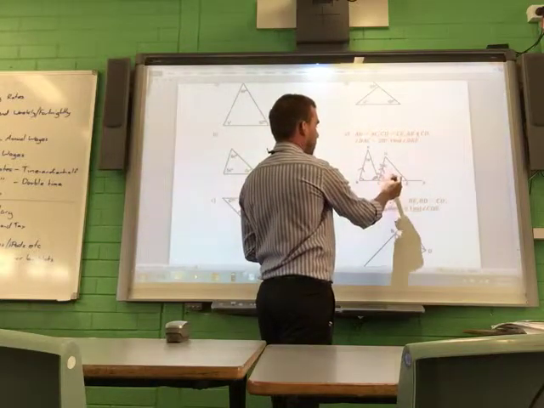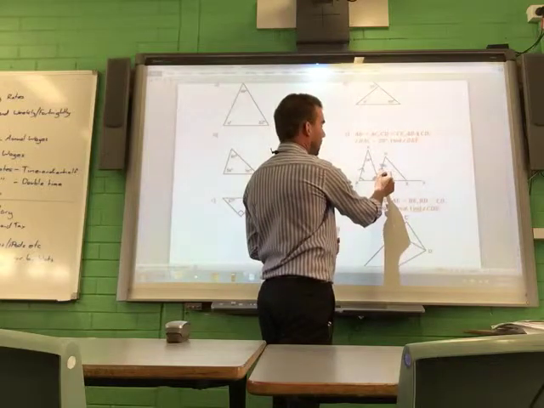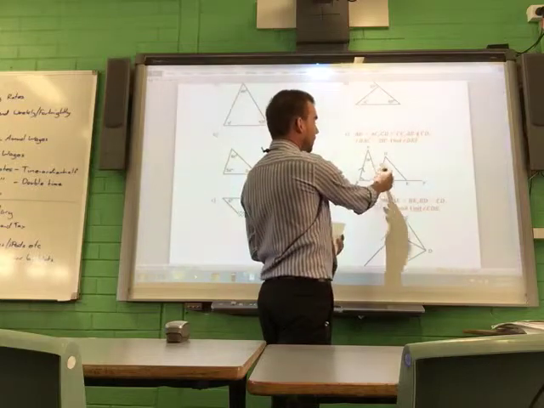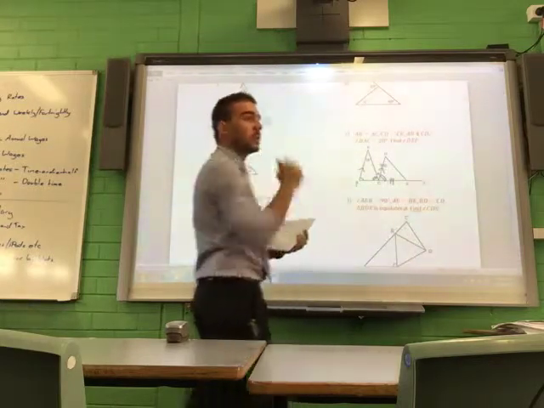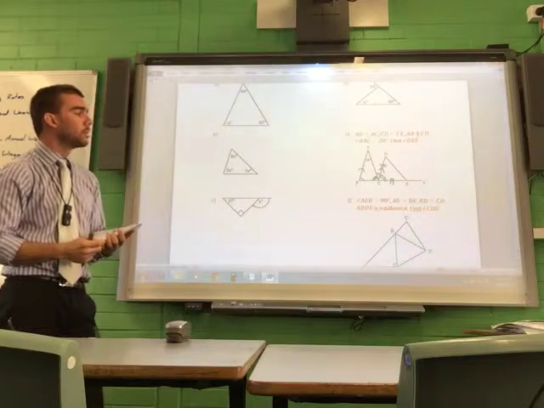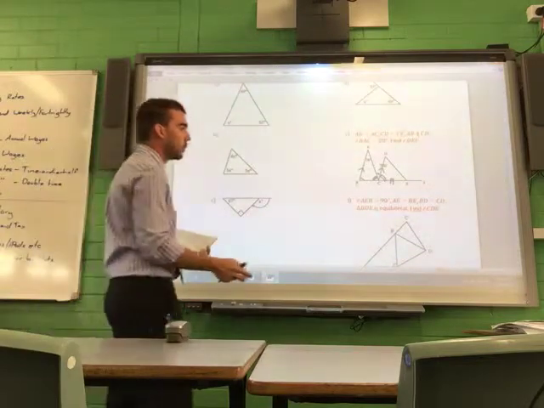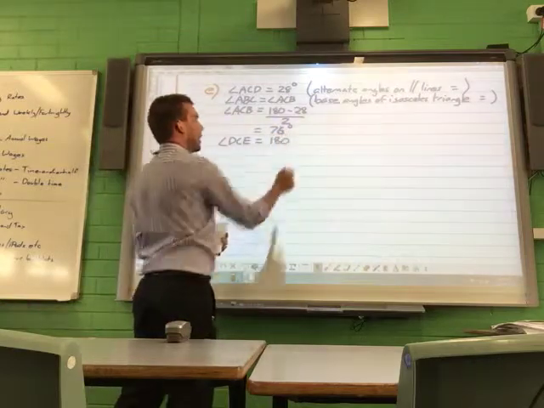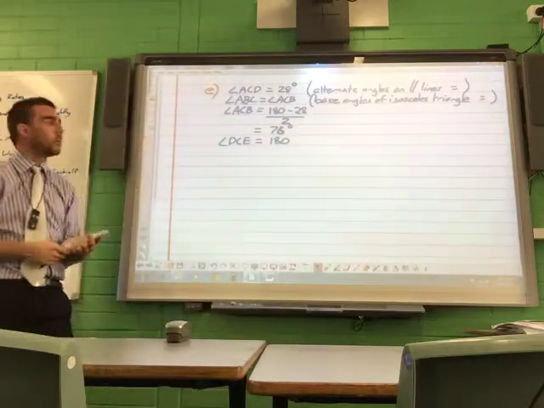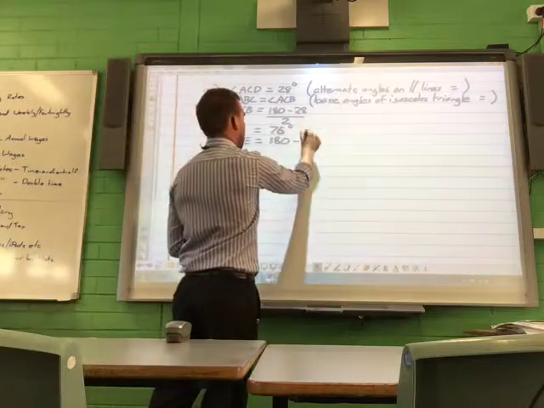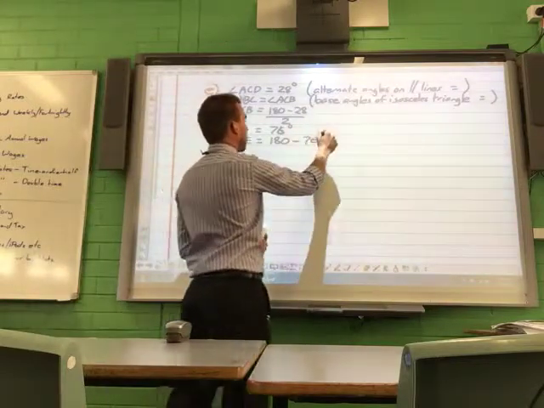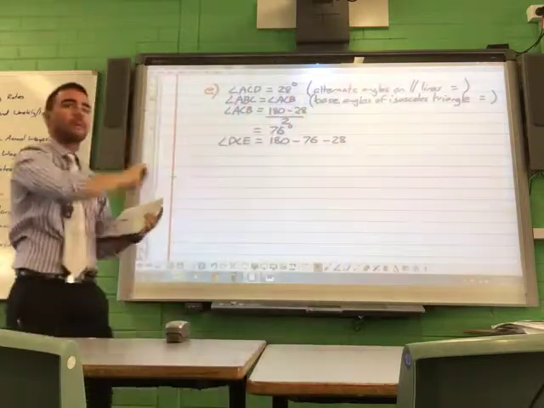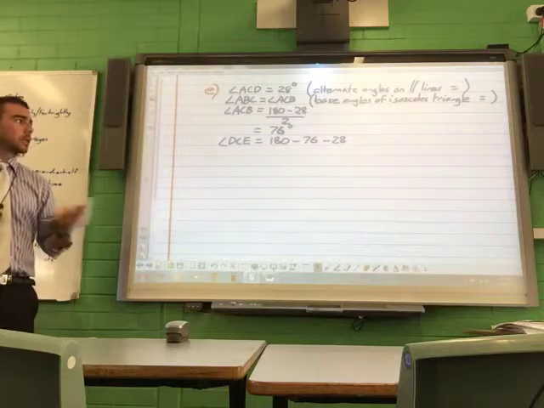To get the value here, we've got the supplementary angle, we know the sizes of those two angles, so we can use the supplementary angle result to get the value of angle DCE. So, 180 degrees, the whole straight line angle result, take away the angle 76 degrees that we just calculated, and we also take away the first angle, the alternate angle, that forms the third angle on that straight line.